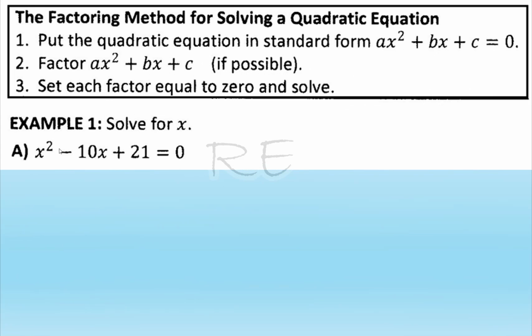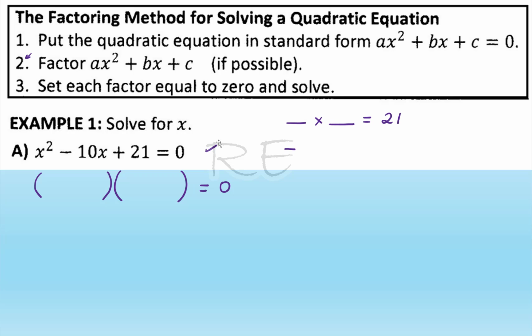When factoring a quadratic equation, we need to make sure that it's in standard form: ax squared plus bx plus c is equal to 0. This one is already in standard form, so we're good. Then we need to factor, if possible, ax squared plus bx plus c.